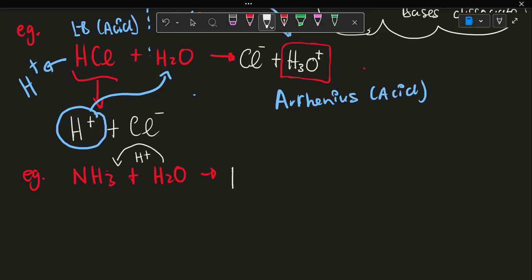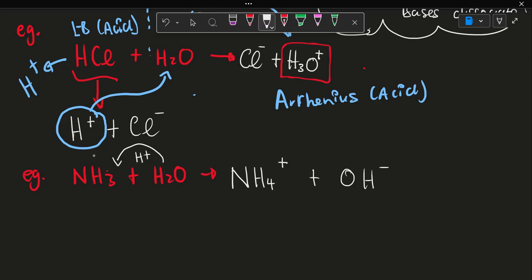So what does it become? It becomes NH4. Remember, we had NH3 in ammonia. But we didn't just give away a pure hydrogen, we gave away a hydrogen ion. So we have NH4 plus and OH minus. So we have ammonia reacting with water.